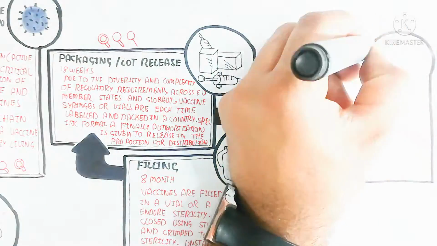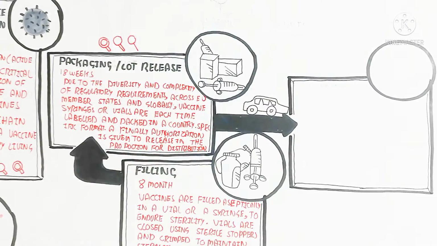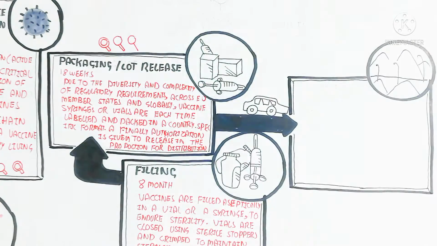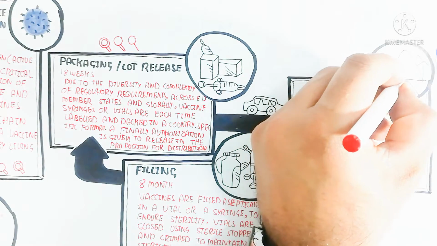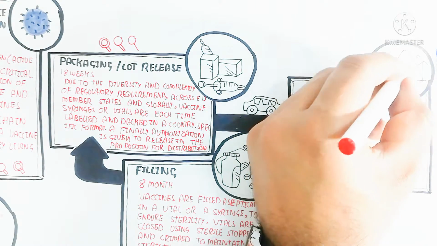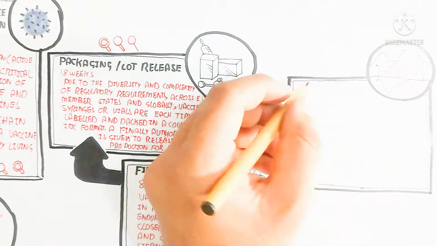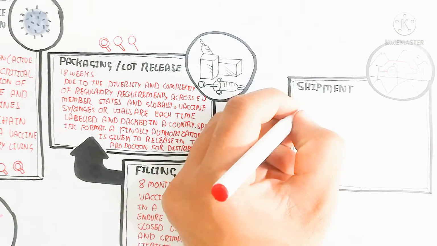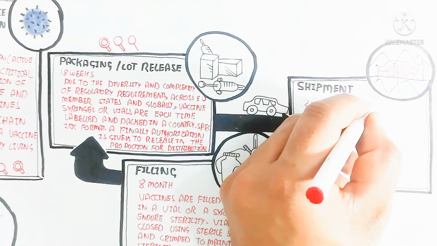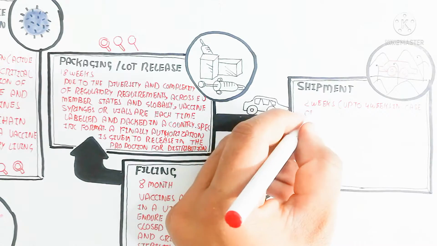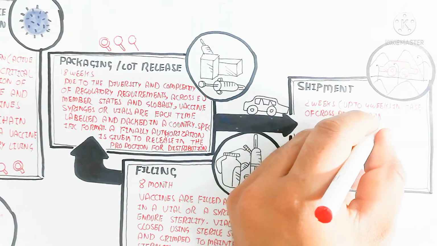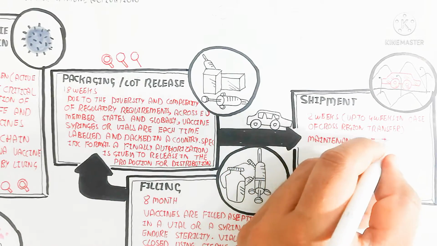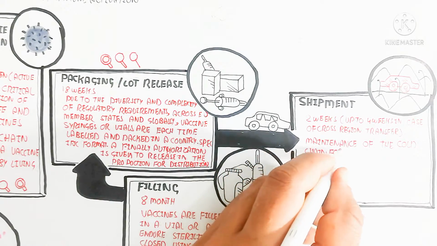After this, the next step is shipment. After packing, the vaccine is carried by airline or vehicle. Shipment takes 2 weeks up to 4 weeks in the case of cross-region transfer.